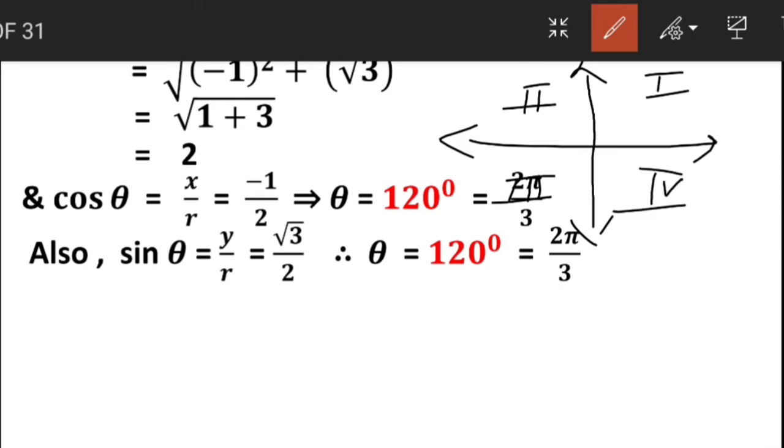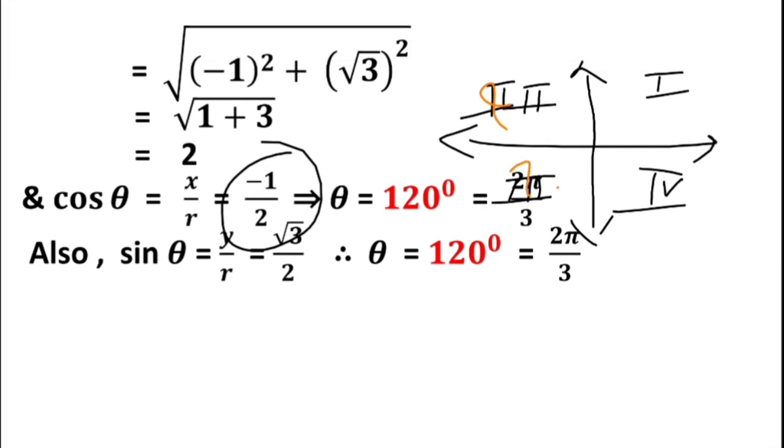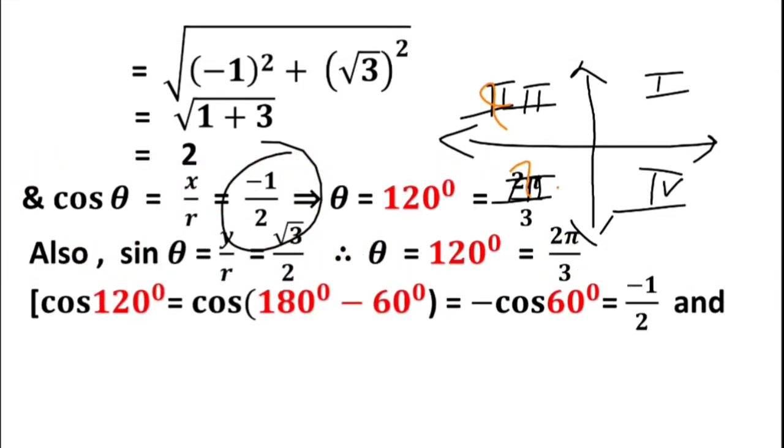And see here, cos theta is negative. In which quadrant is cos theta negative? Cosine value is negative in second quadrant and third quadrant. Because we have cos of 120 degree is equal to cos of 180 minus 60 degree.